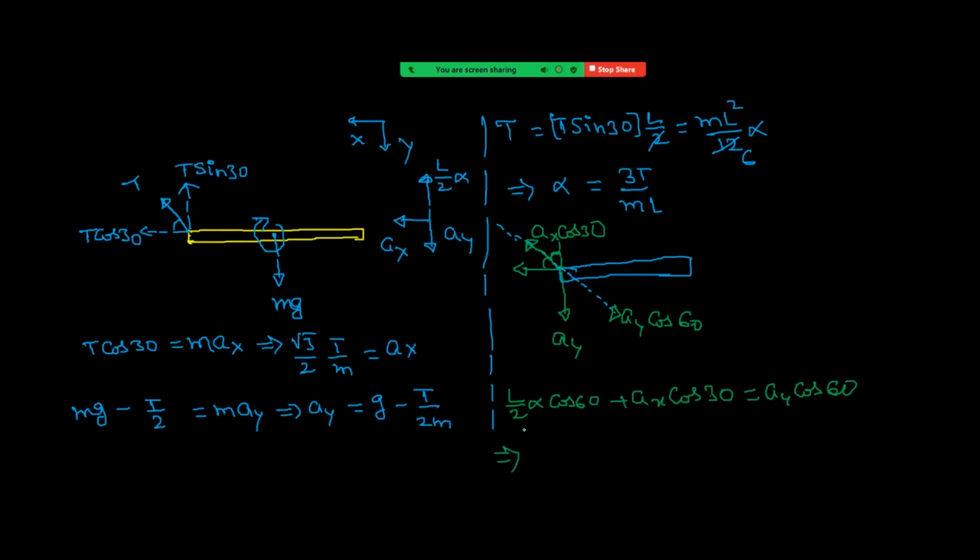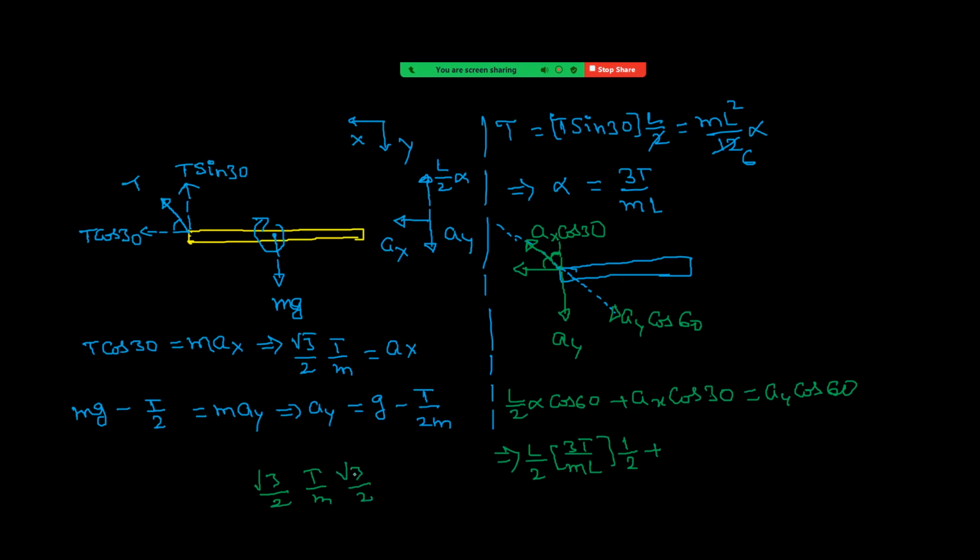Now see what we get here. Substitute values in this. It is L by 2 in place of alpha, 3T by ml, into cos 60, 1 by 2, plus AX. AX value is root 3 by 2 into T by m, into cos 30.